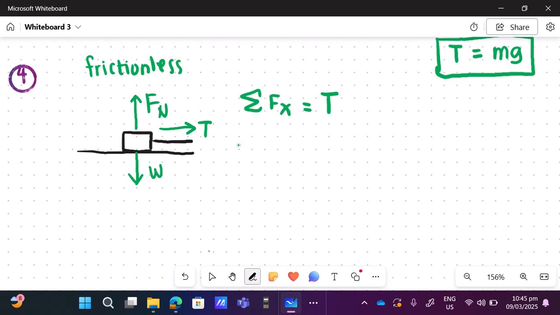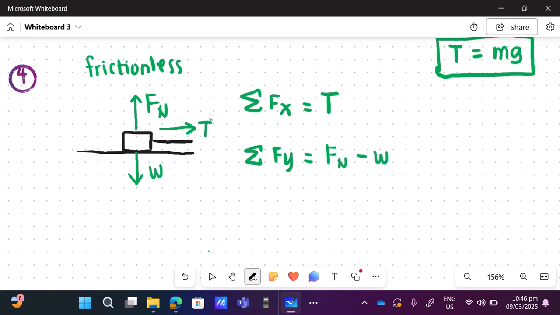On the other hand, the net force along the vertical axis would be the sum of the forces acting vertically on our object. That would be the normal force and the force due to gravity.